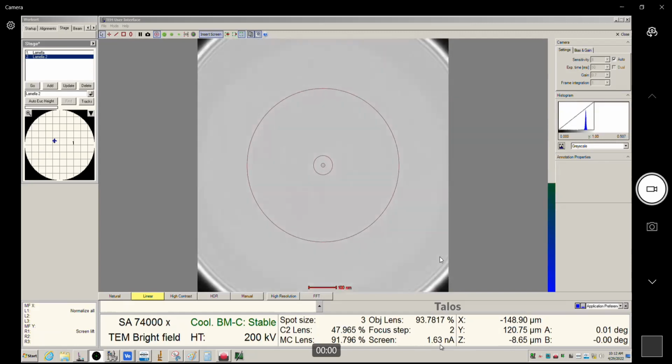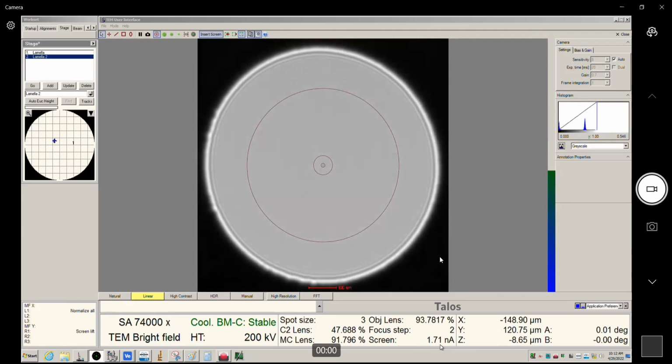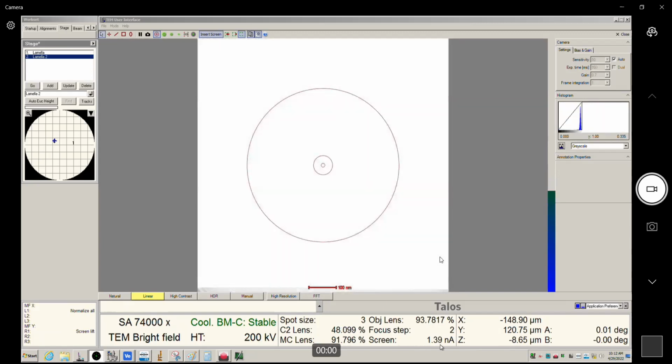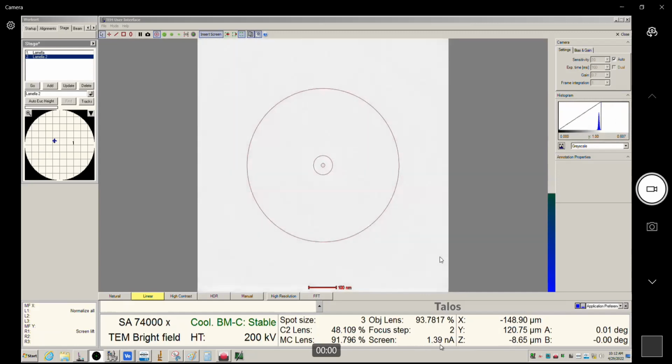And when we put the beam on the camera, we don't want the beam inside the viewable area because it's potentially injurious to the camera. So if we expand it so it's outside the corners, you can see my diameter is basically just outside the corners.